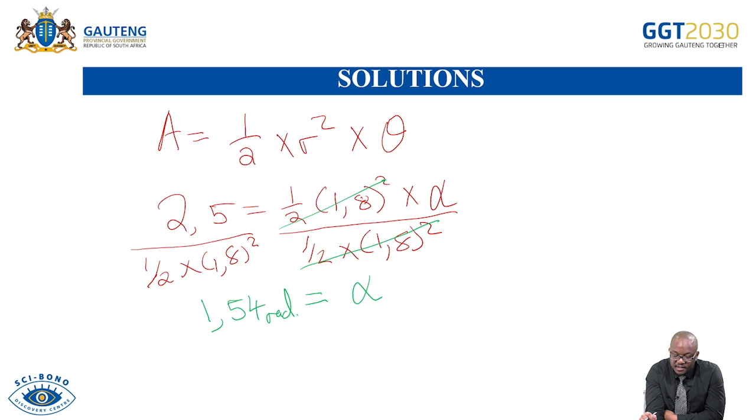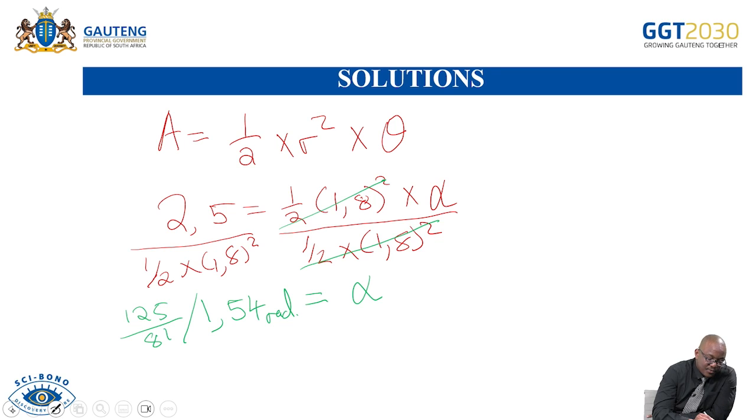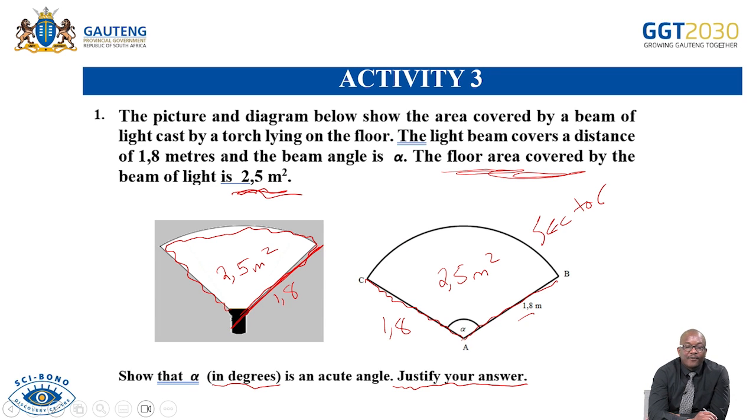Correct. Or we can write it as a fraction as 125 all over 81. But the answer is in radians. But the question says we must show that theta in degrees is an acute angle.